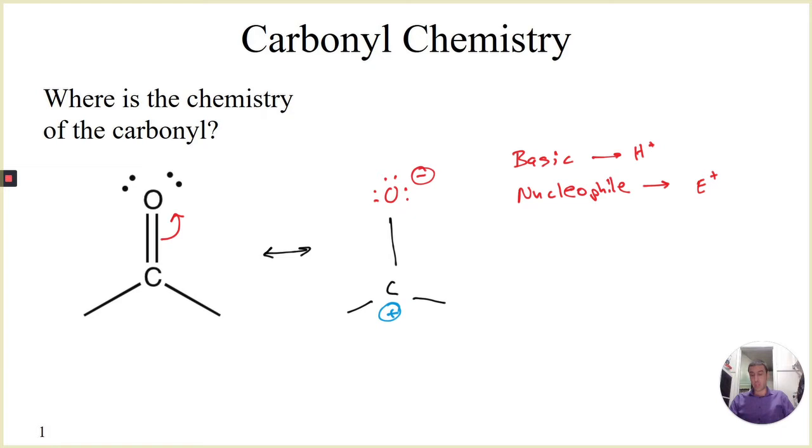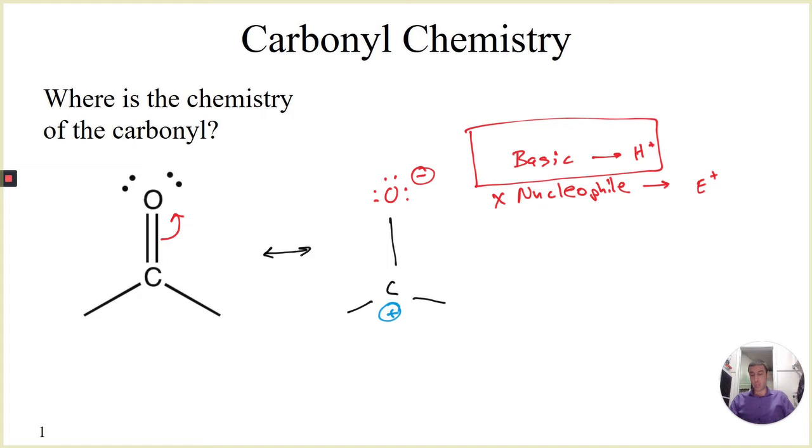If we scaffold back out to our oxygen, the oxygen does have this bulk hanging out behind it, which is going to make it a little bit sterically hindered and decrease the odds of it acting as a nucleophile. So our primary categorization for that oxygen is going to be seeing it act as a base.